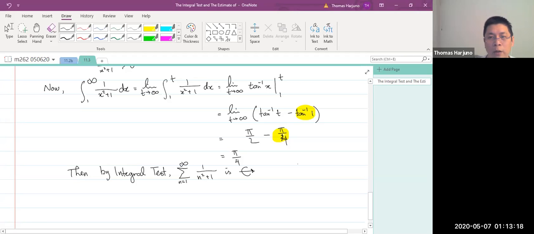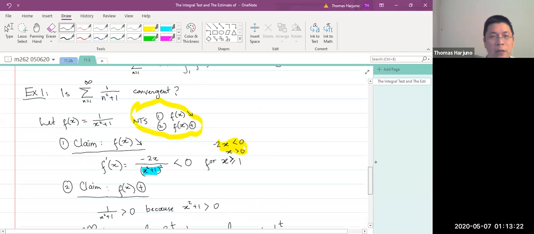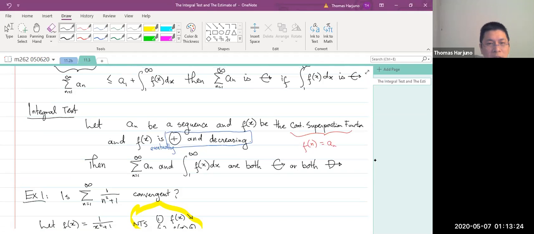Okay, now one big thing though. I myself had this misunderstanding before. Notice that this integral test says that they are both convergent or they are both divergent.